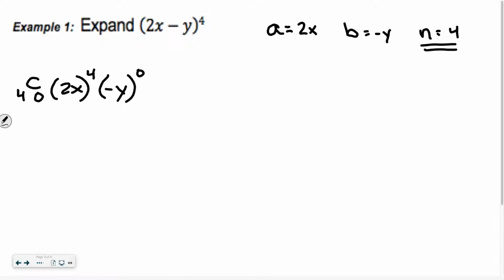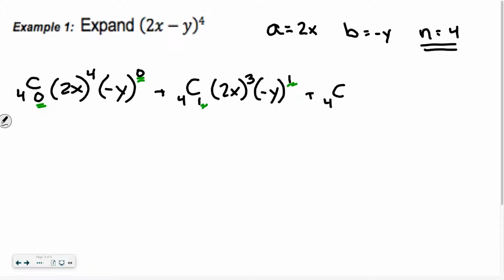And remember what we said, the number that you pick and this second exponent should match. And I want to add to that a combination of 4 choose 1. I'm going to do 2x. This exponent is going to decrease, and this one is going to increase. And again, the number that I choose and my second exponent still match, right?